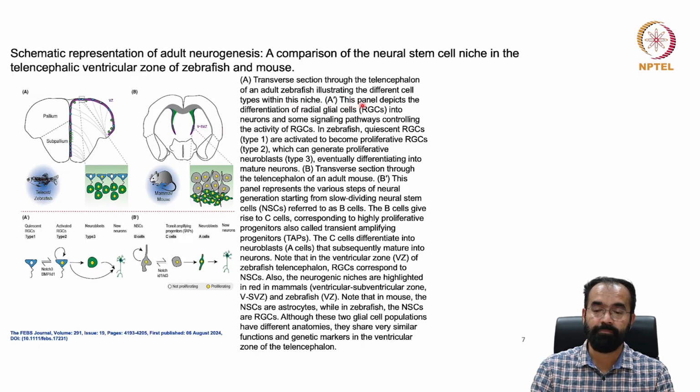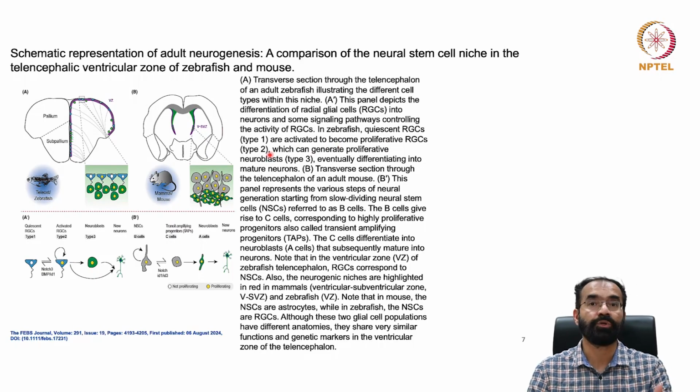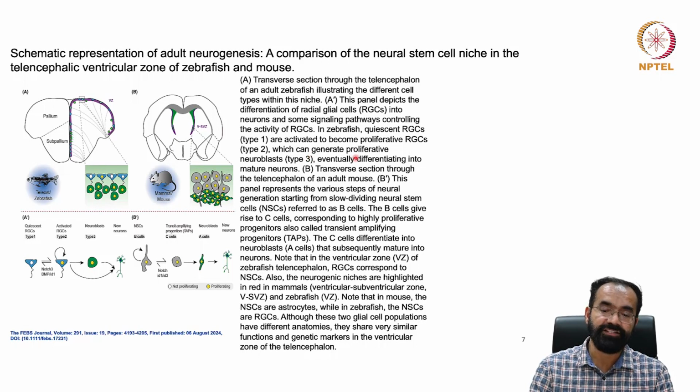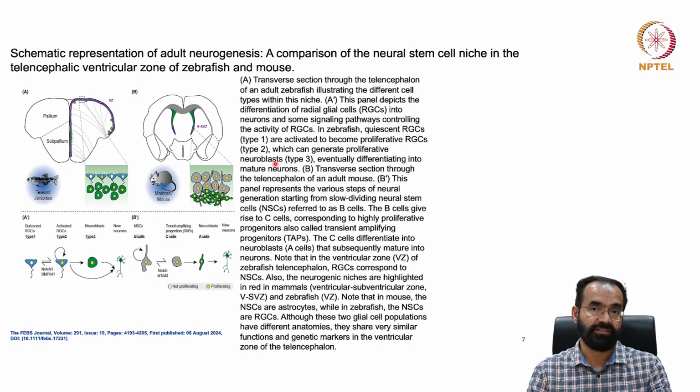A prime is the panel that depicts the differentiation of radial glial cells, in short form written as RGC, into neurons, and some signaling pathways controlling the activity of RGC, which happens in zebrafish. In zebrafish, quiescent RGCs, that is type 1, are activated to become the proliferative RGCs, that are type 2, which can generate proliferative neuroblasts, that is type 3.